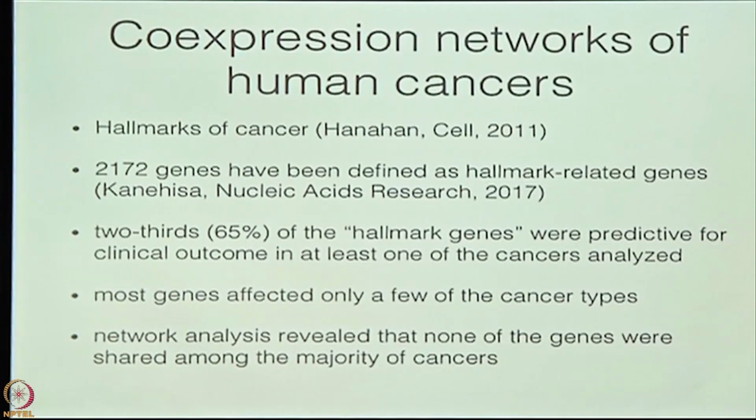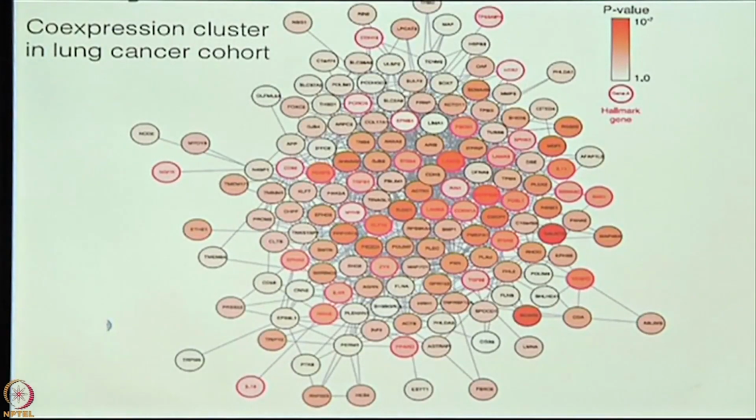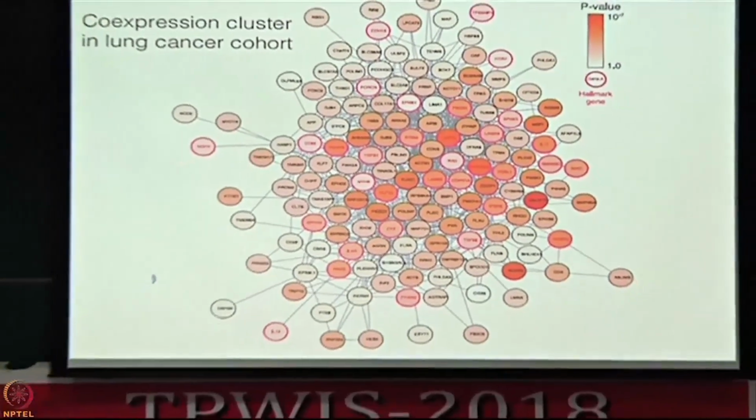So the next step was to take a cancer example from lung and to see, in case you've lost track of it, we started out trying to say that these are prognostic genes. At the end of all this, we said, yeah, these are the prognostic genes.